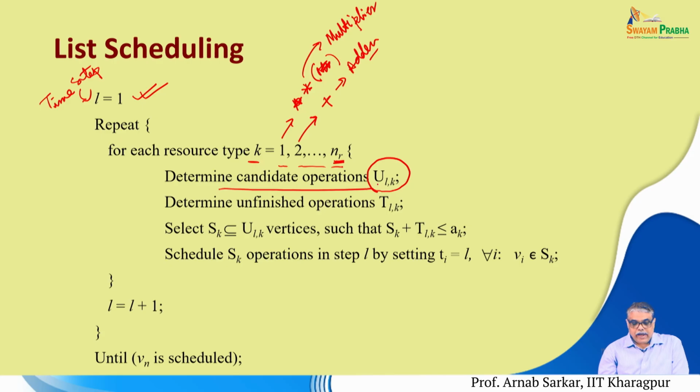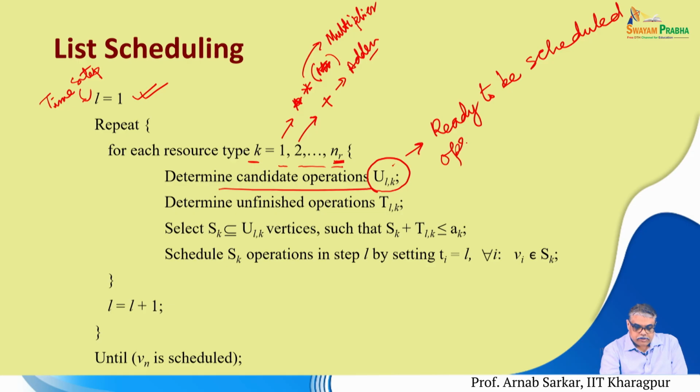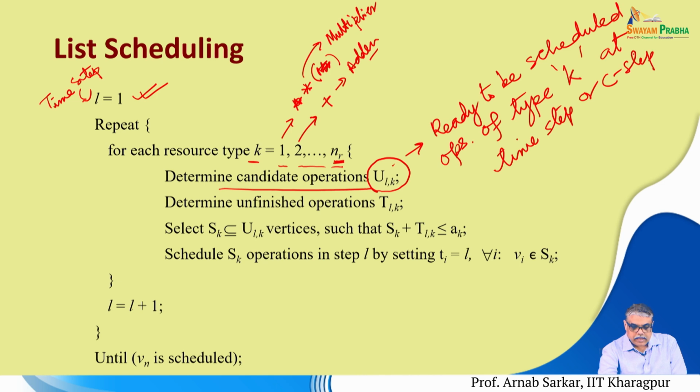So, let ULk denote the candidate ready operations of type k at time step L. So, ULk are the ready to be scheduled operations of resource type k at time step, also called C step, L.